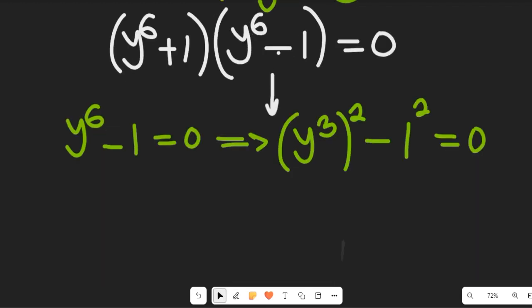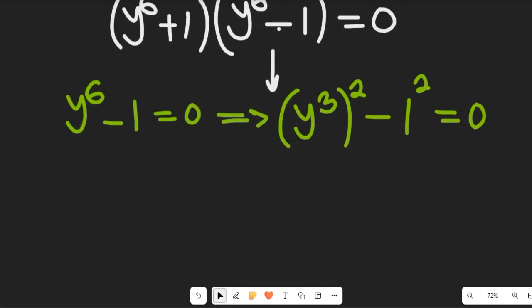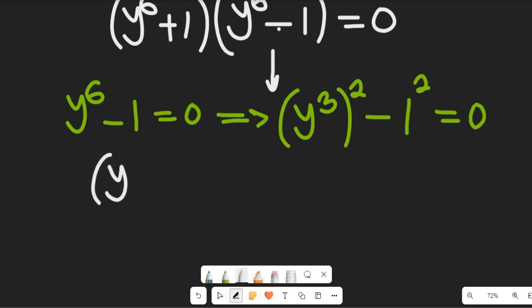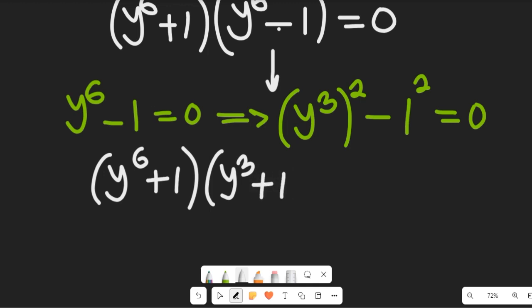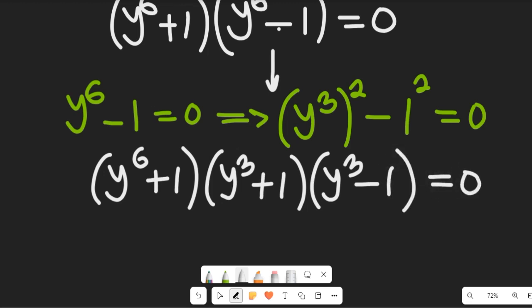So with that, we can still arrive at a difference of two squares. If we clear that up, we are going to have y to the power of 6 plus 1 multiplying y to the power of 3 plus 1, multiplying y to the power of 3 minus 1, and this will be equal to 0.